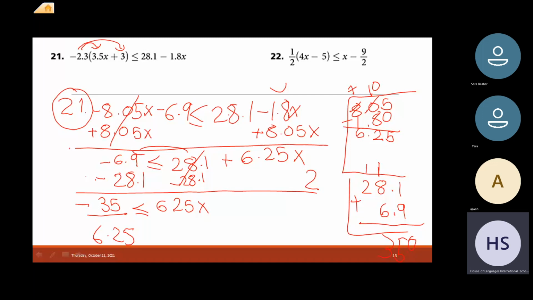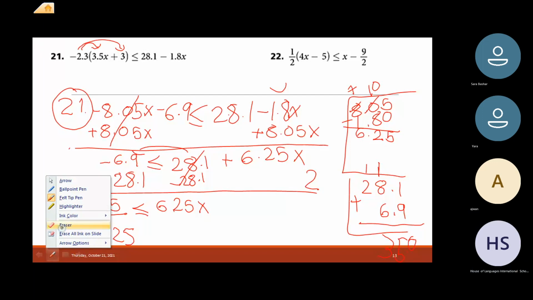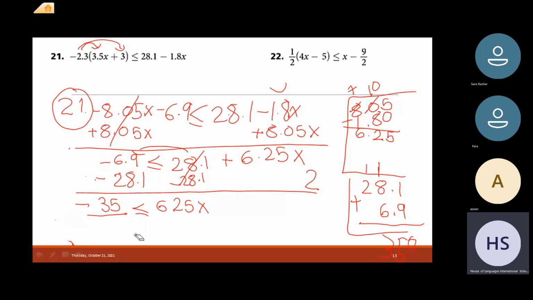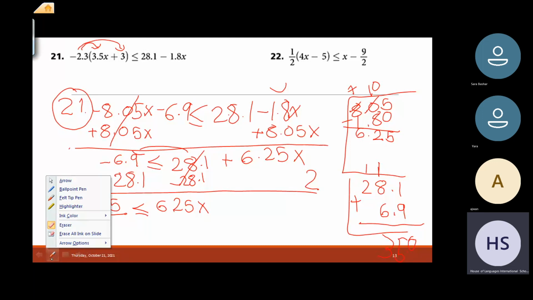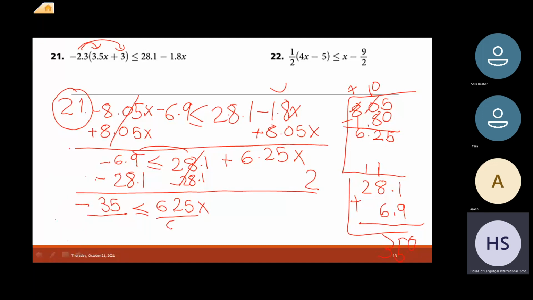Multiply? No, so divide. 6.25 divide, multiply by x. You have to divide. So then we will do 6.25. So here you have to divide by 6.25. Divide by 6.25. Shall I divide?